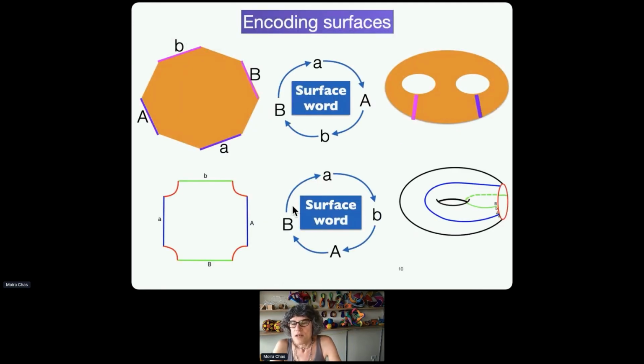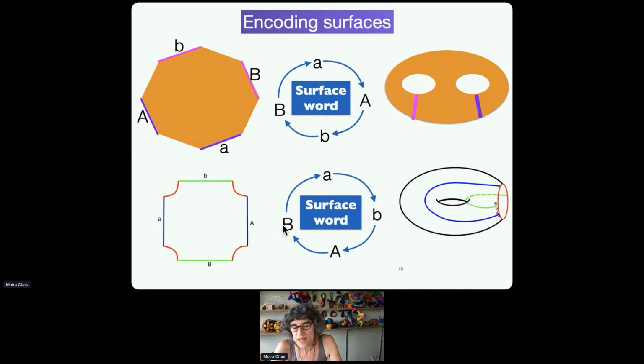So this is the surface word. Here we have the surface word of the pair of pants: A, B, B, with corresponding capitalization. The surface word of the torus is A, B, capital A, capital B. So they are 2 different words. And you might ask, is it true that two different surfaces have different surface words?